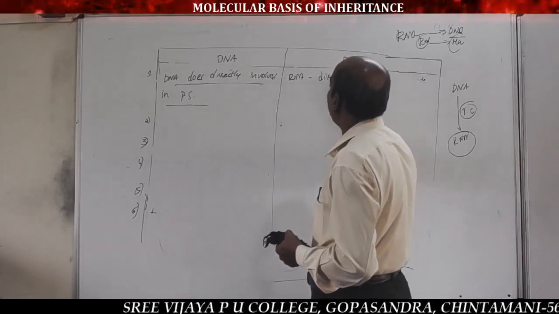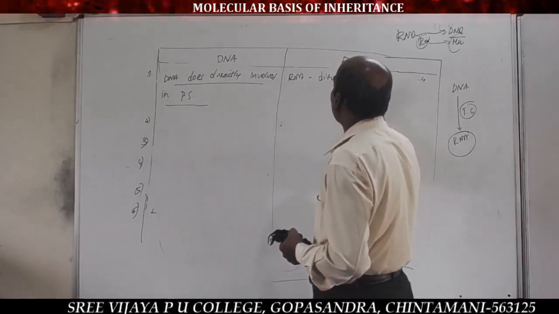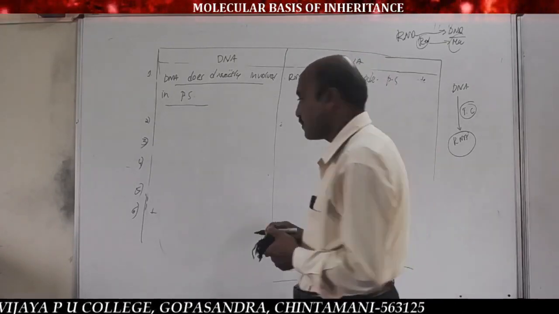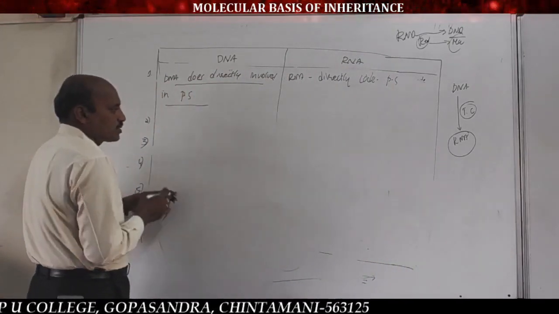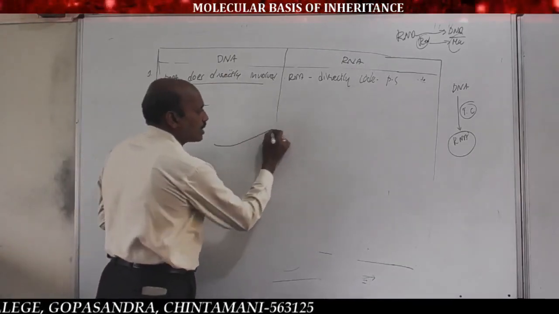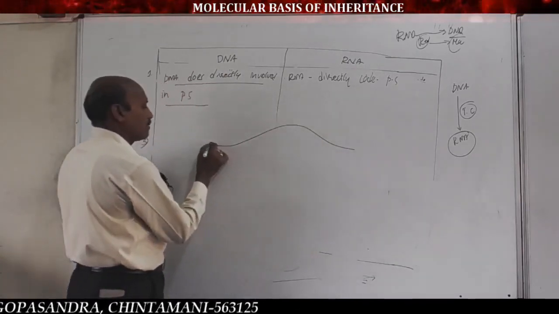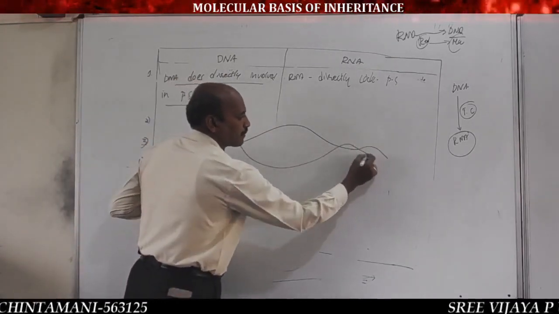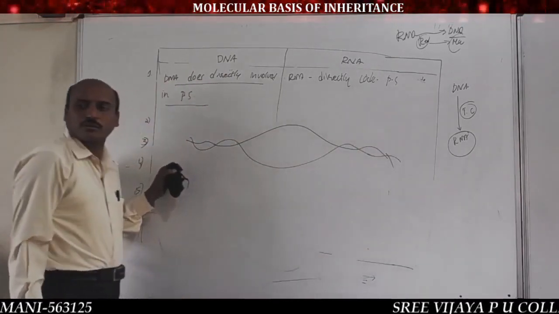RNA directly codes the protein synthesis. Remember, after transcription of mRNA, for example, this is the replication fork.